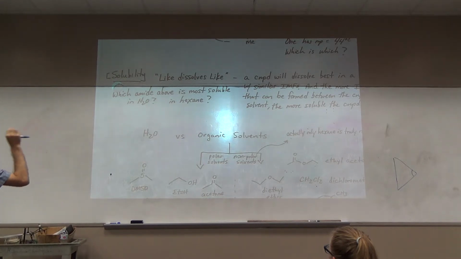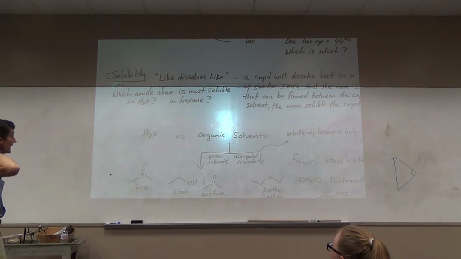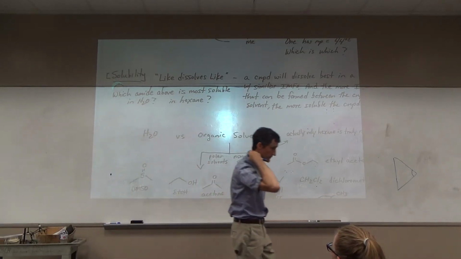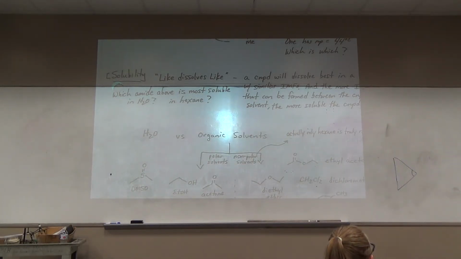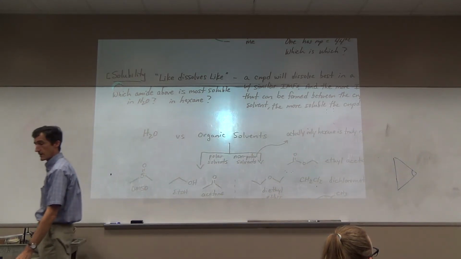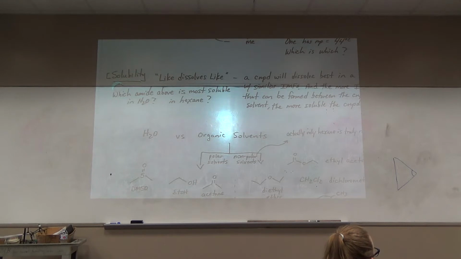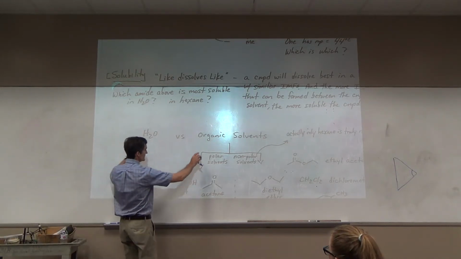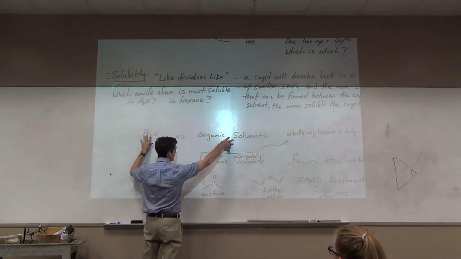Okay, solubility. Important: like dissolves like. A compound will dissolve best in a solvent that has similar IMFs, so they can be very friendly and interact with each other by those IMFs. Types of solvents. First off, broad classification: you've got water and you've got organic solvents.